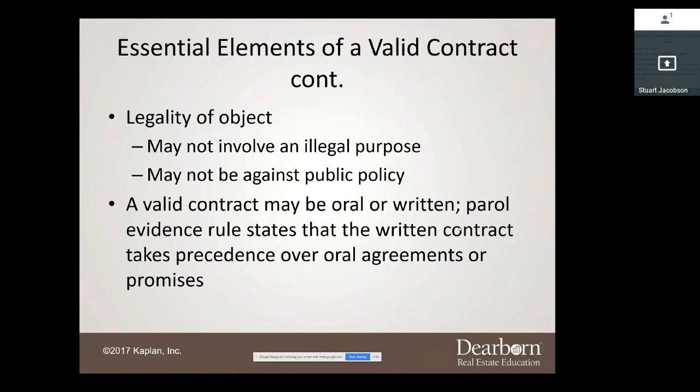Next is the legality of the object. It may not involve an illegal process. So you have to have competent parties, offer and acceptance, consideration, and legality of the object. You cannot get someone to sign a contract to sell you marijuana. That is not a valid contract.